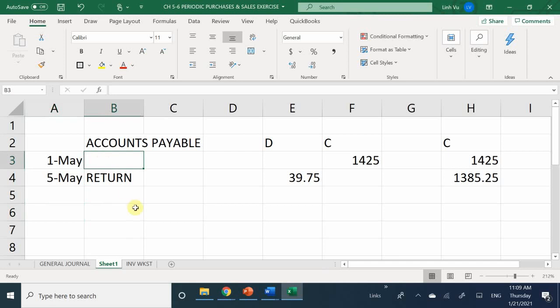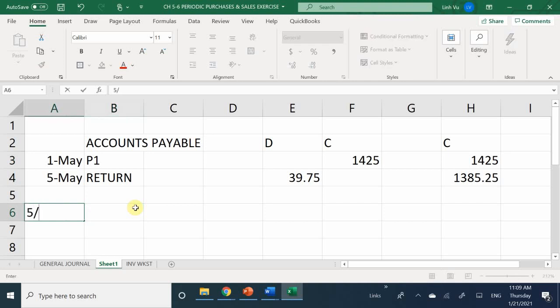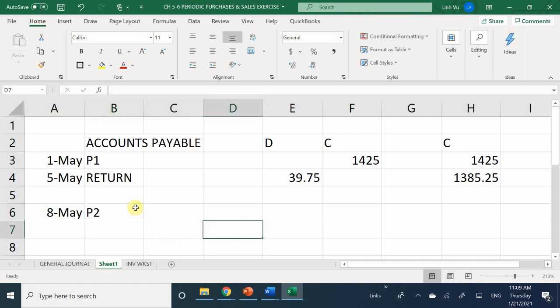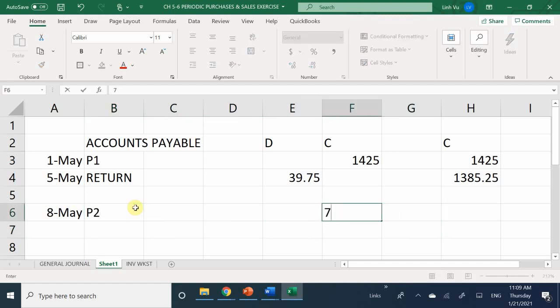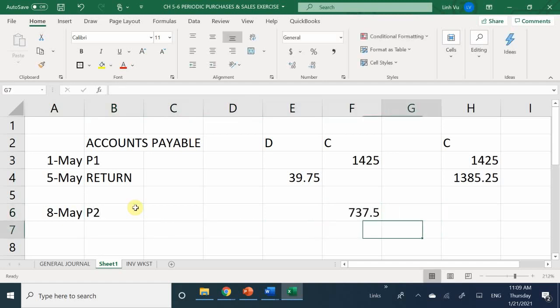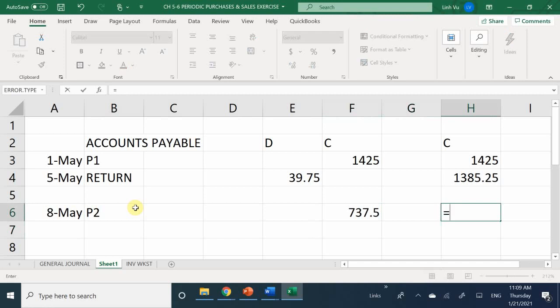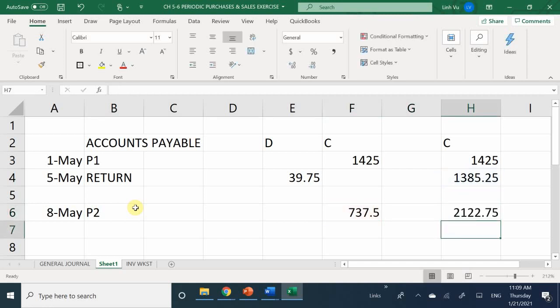So this is bill or purchase number 1. Then on May 8th, we have purchase number 2, and it was for the $737.50. And we recognize that this should actually increase my accounts payable, right? Because now I owe this person even more money.